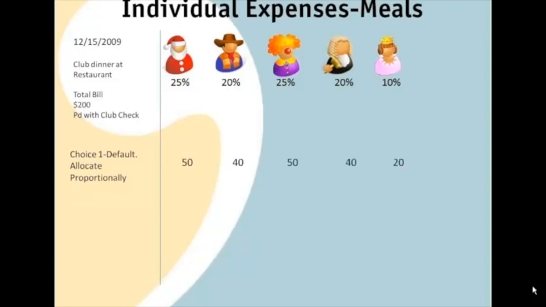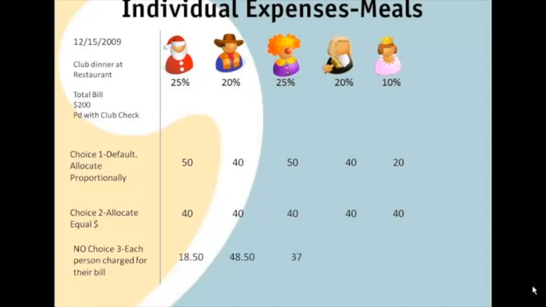She could allocate it either proportional to their ownership in the club, in which case they would each be allocated these amounts, or she could allocate an equal dollar amount to each person. That would be like splitting up the check equally. She does not have any way to allocate the expenses based on what the members actually had to eat.